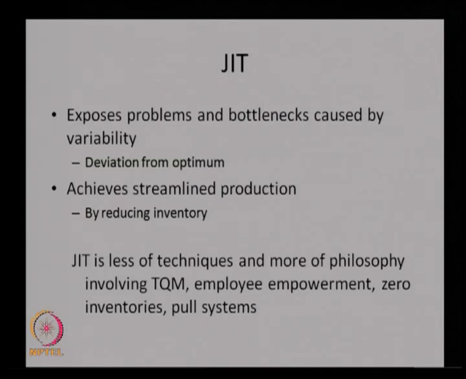So, this way JIT is a way by which we use TQM, employee empowerment, zero inventories and pull systems. We will look at some more aspects of zero inventories and pull systems and some more concepts in just in time manufacturing in the next lecture.